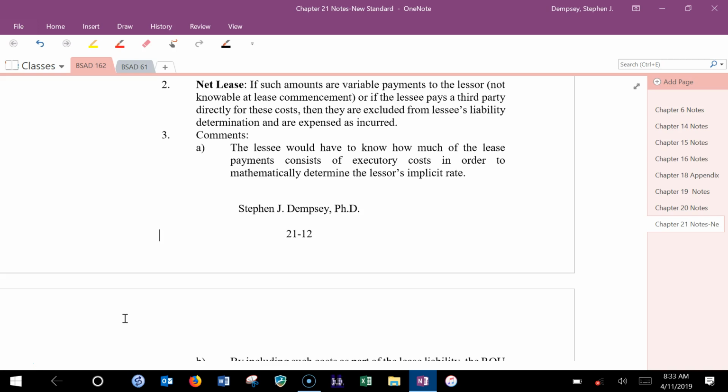Make sense? Because the implicit interest rate by the lessor is only recovering the asset value. It is not recovering executory costs. So the lessee would have to back those costs out of the lease payments. They'd have to know what they are in order to do that, in order to find the internal rate of return on the lease, which is the implicit interest rate.